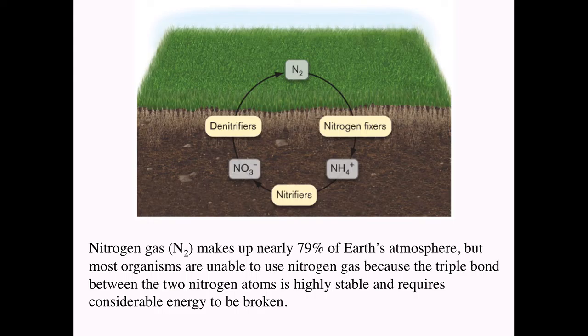So now I want to transition from this symbiotic, mutualistic comparison of rhizobia and agrobacterium and talk a little bit about the importance of bacteria in terms of global mineral cycling.